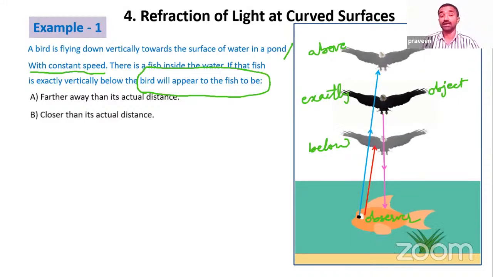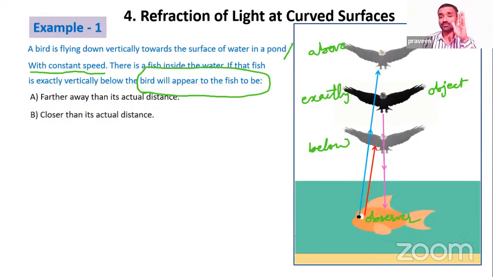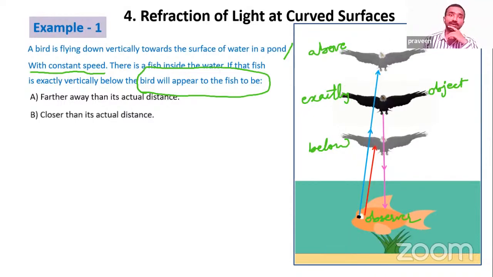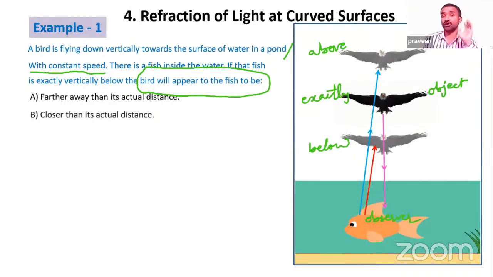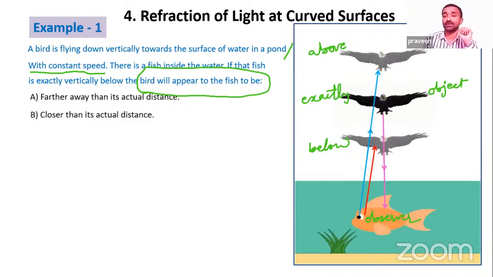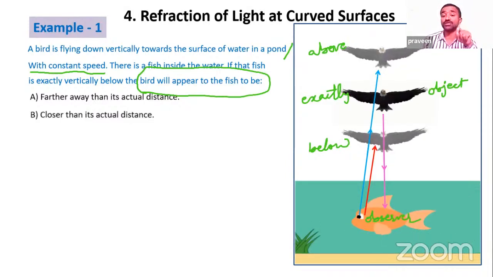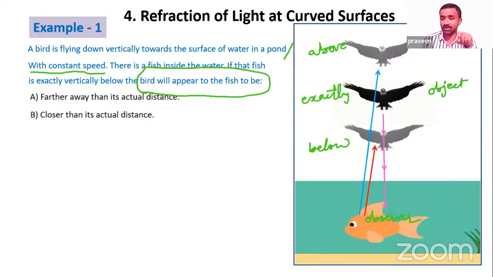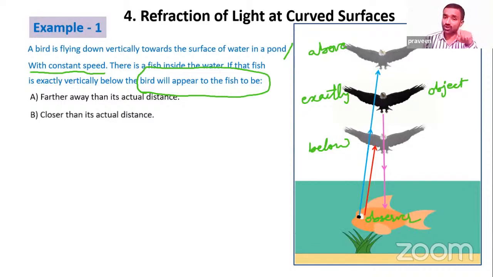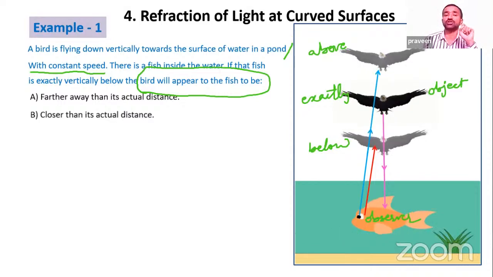Then if it is observed far, what about its speed? In the question the speed is given as constant, but the fish can observe the bird moving faster or slower than its actual speed.